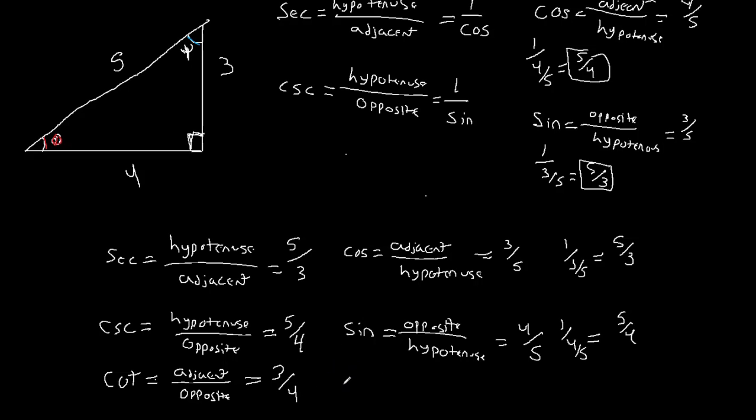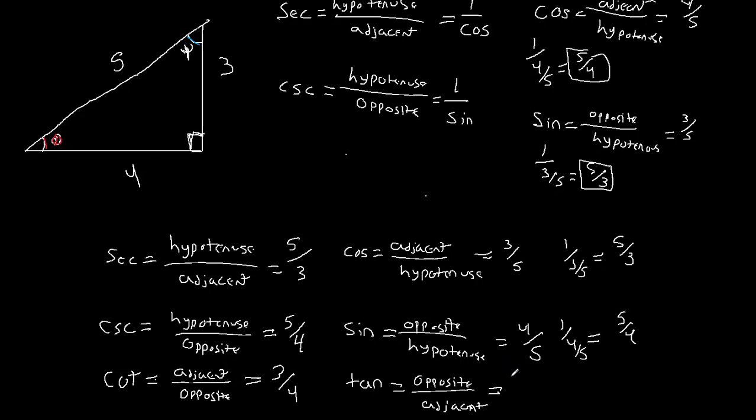And again, we can do the same thing here with the relationships with our original 3 functions. The cotangent is related to the tangent, which again is the TOA, which is opposite over adjacent. So we're going to look at phi one more time here, and say the opposite side is still 4.